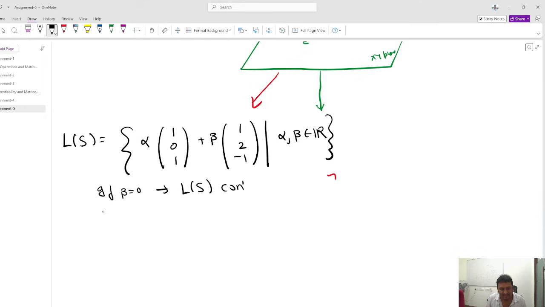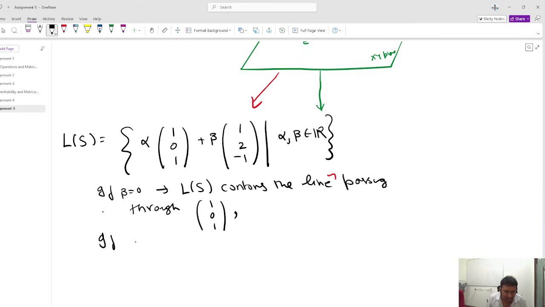LS contains the line passing through 1, 0, 1, right?